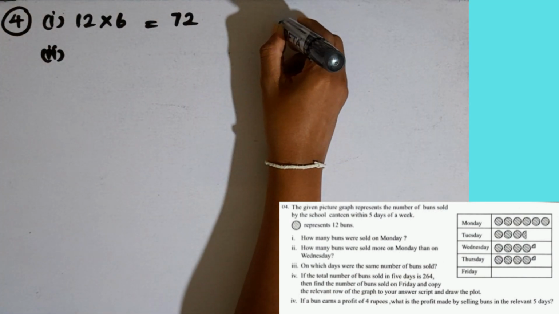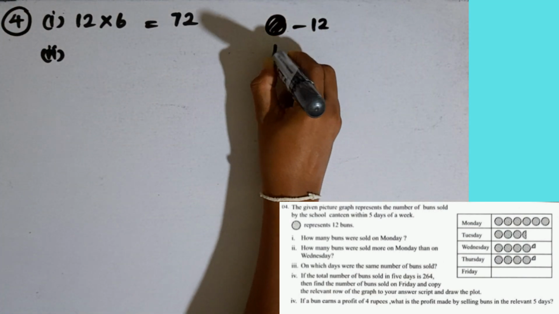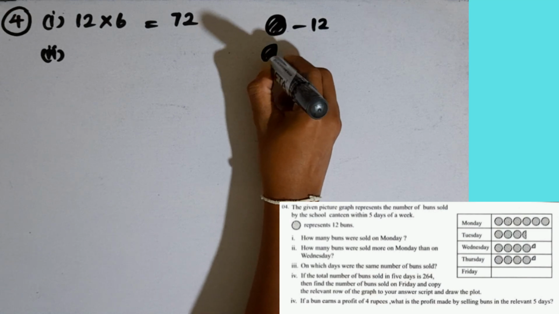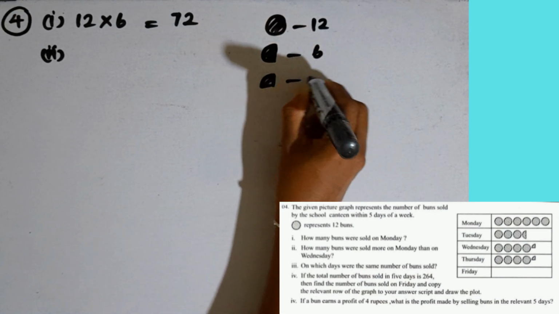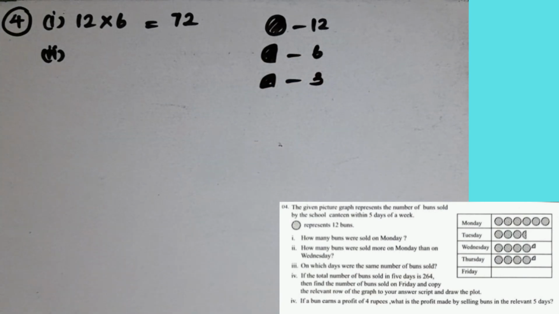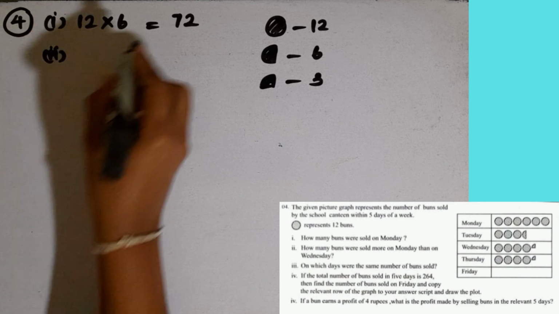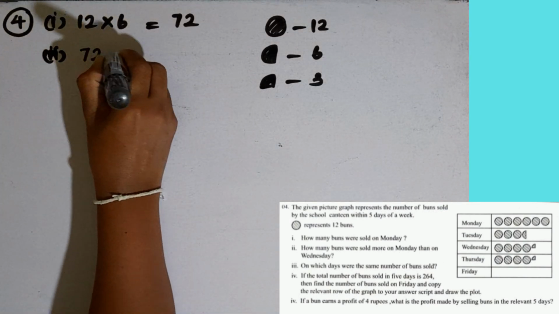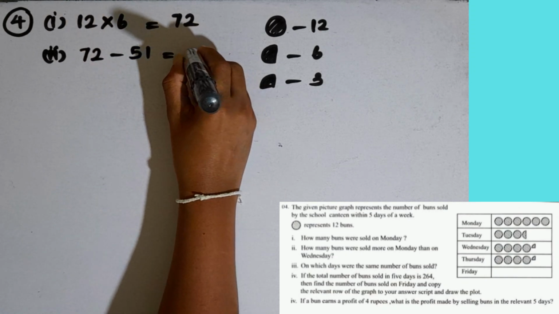A circle represents 12. Then half of it represents 6. Then a quarter represents 3. 48 plus 3 is 51. Then 72 minus 51. The difference is 21.